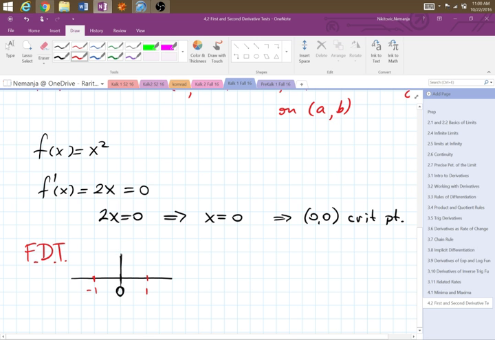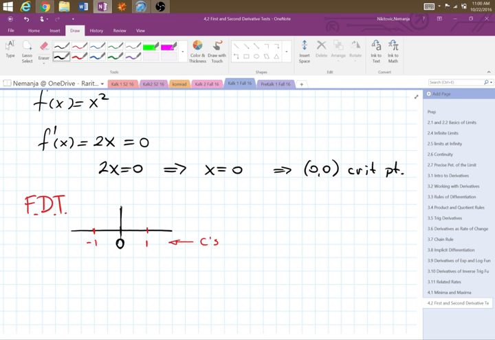So now, as you can see, I have these two. These test points are your C's. The ones that you pick as test points are your C's. So the first derivative test is you take your C value, in this case -1, and you plug that in the derivative.